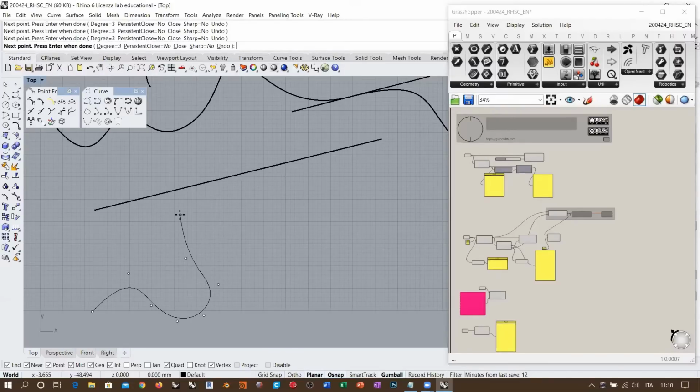If I want this curve to become tangent to this line, I need to place a couple of control points along the path of this line. So I will place one control point here and another one here, and I know that my curve is tangent to this line, and it's tangent in this point, because it is the last point that I have defined.